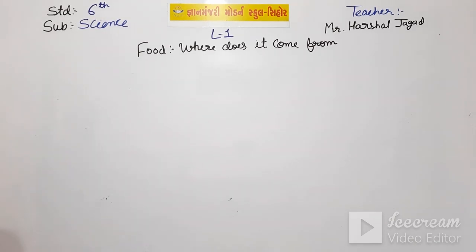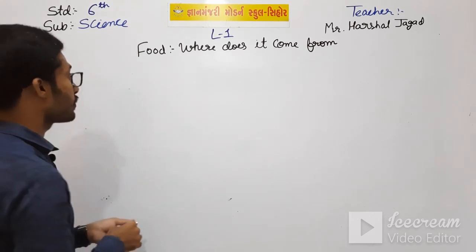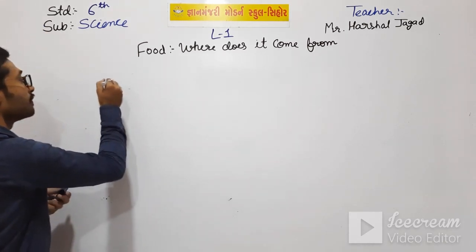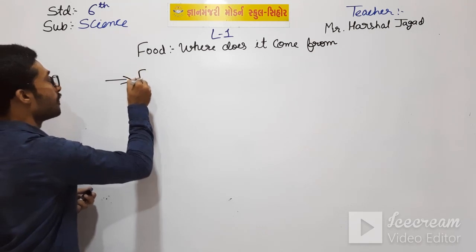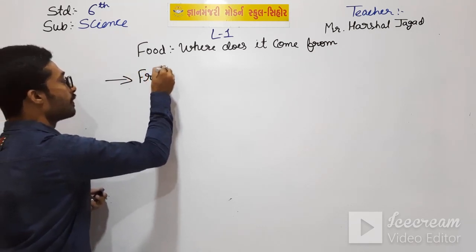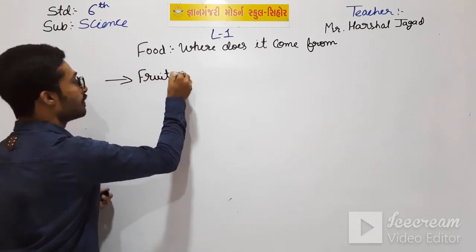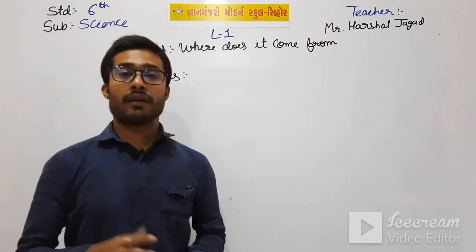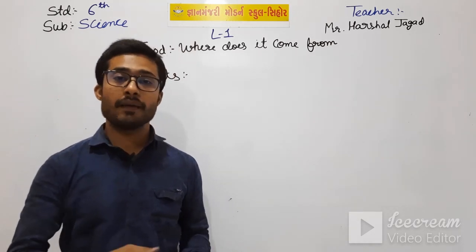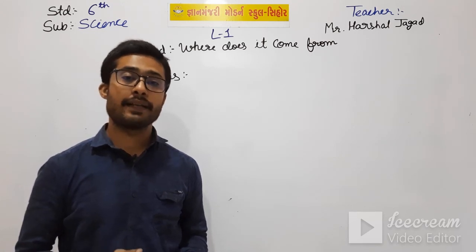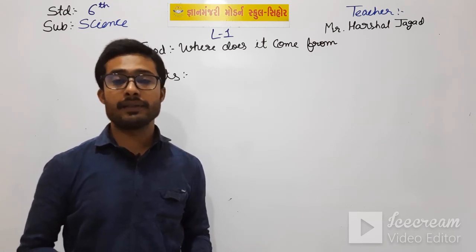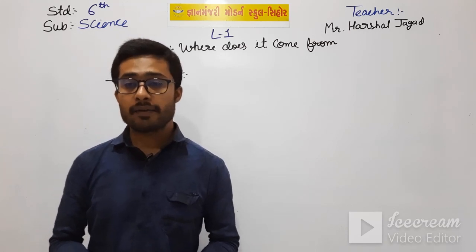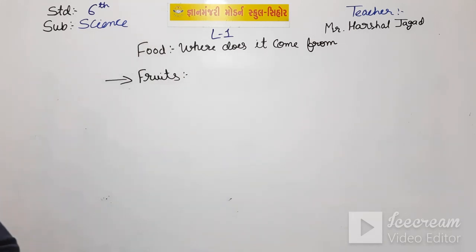So now we will see fruits. So we also get fruits from the plants like tomato, ladyfinger and all the things. Okay, let me write the examples of it.